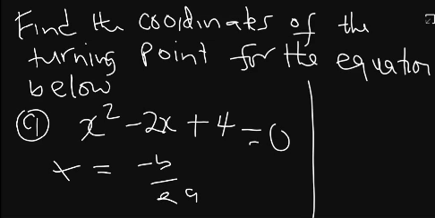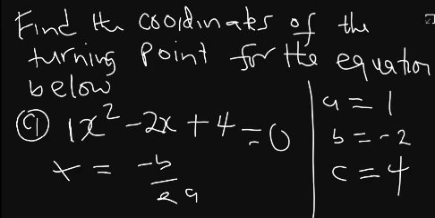In this case, our value for a is 1, as you can see here. Then our value for b is negative 2, as you can see there. Then our value for c is 4. So using this data, we are going to plug in there and find the x value of the turning point first.